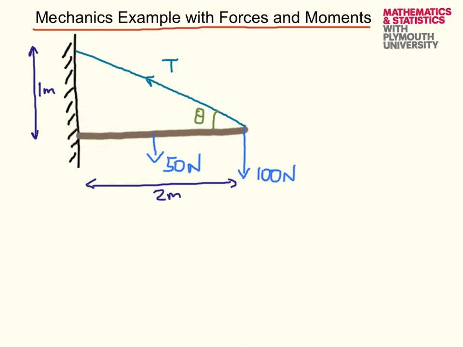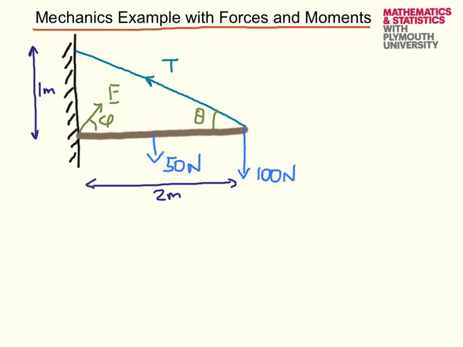This presses against the wall, presses back, and that force is going to be in a direction to the right, so that it counterbalances this force to the left, or the component of that force to the left, and it's going to be at some angle, and I will call the angle phi. So what I want to do in the podcast is to find out the tension and this reaction force here.